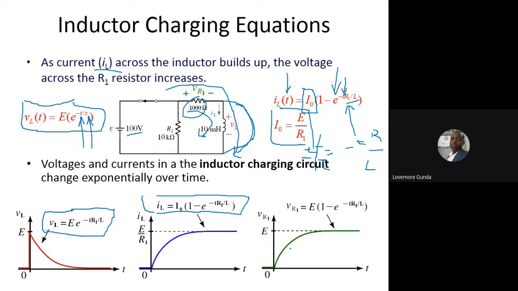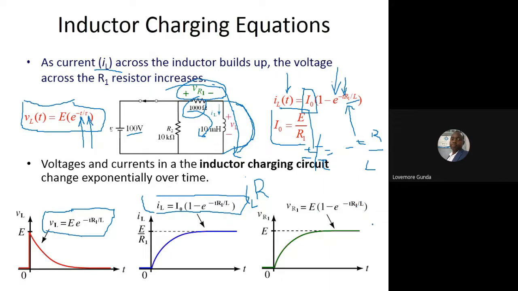And also in like manner, the voltage across R1, since the voltage across R1 is given by IL times R, also increases exponentially in the same manner, but it increases up to the maximum value of VR1, which is now E times 1 minus exponent of minus t over tau.